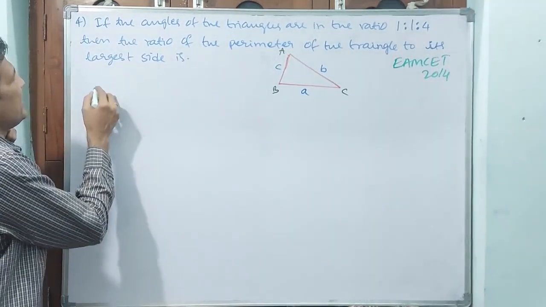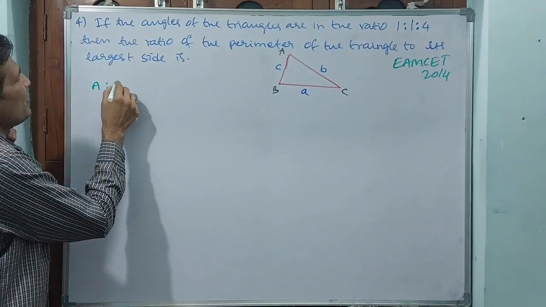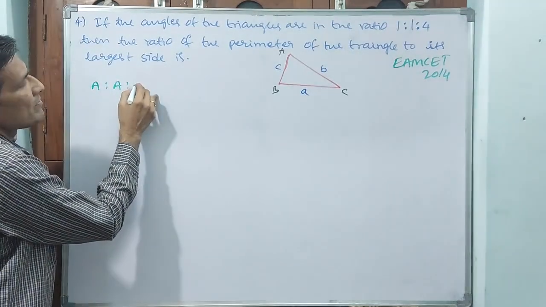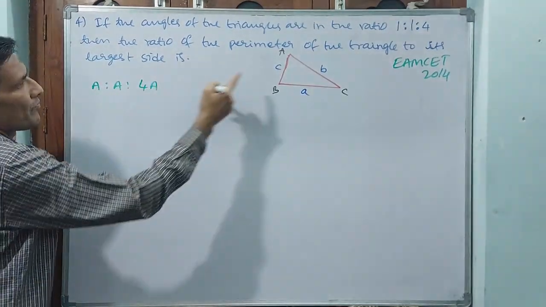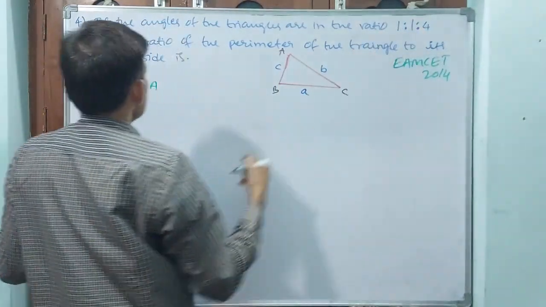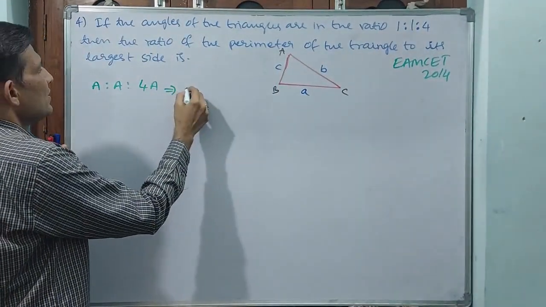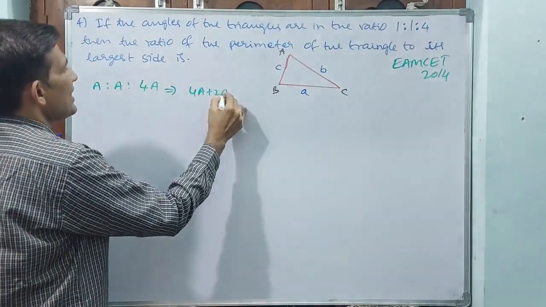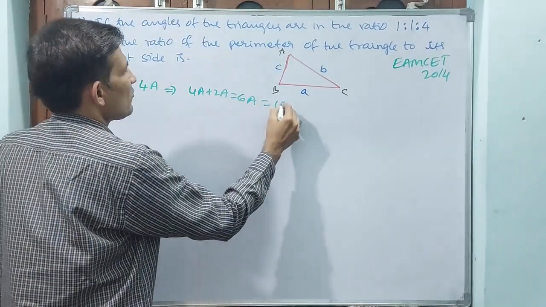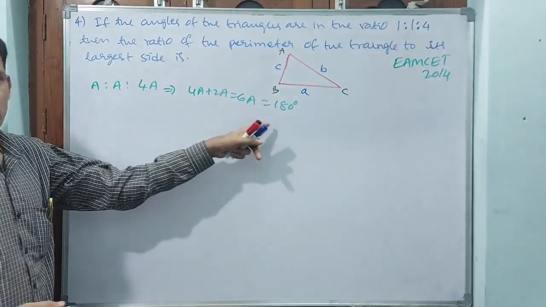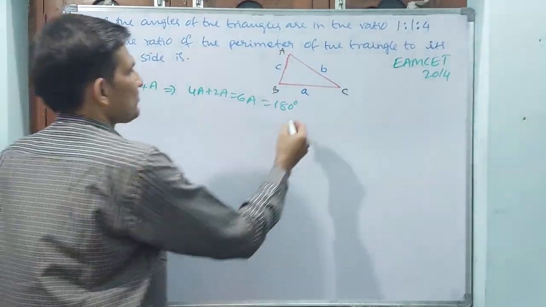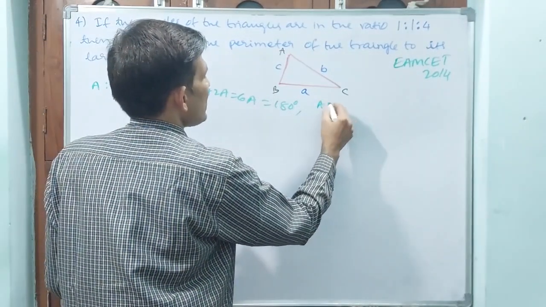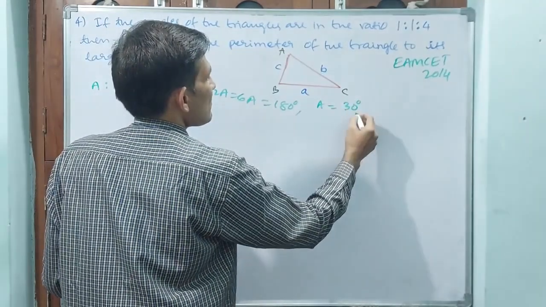That means see, if I take A, then A is to 4A, 4 times. Implies 4A plus 2A, that is equal to 6A, that is equal to 180 degrees. Why? Because all angles together should come 180. 6A is 180 means A will be 30 degrees.